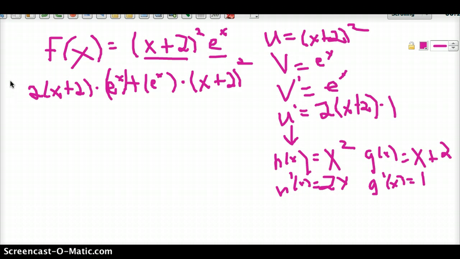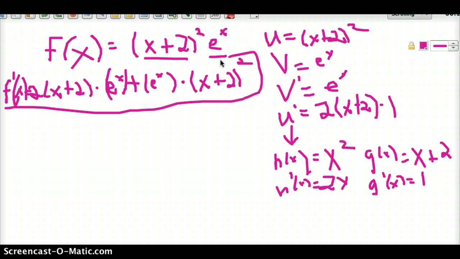And that is our f prime of x. Again, that's very messy, and I apologize about it. And of course, you can simplify this even more, but I think you can probably figure that out on your own.